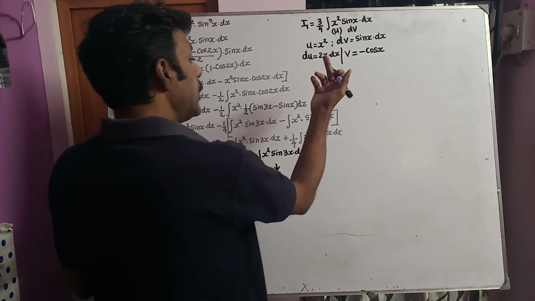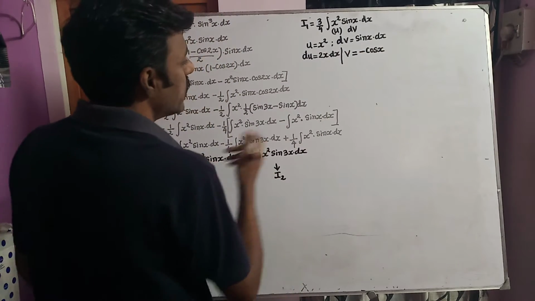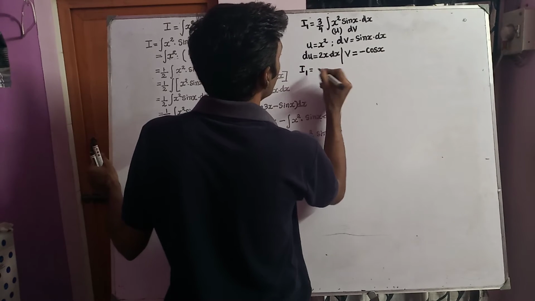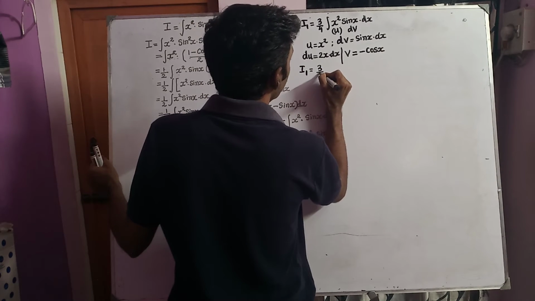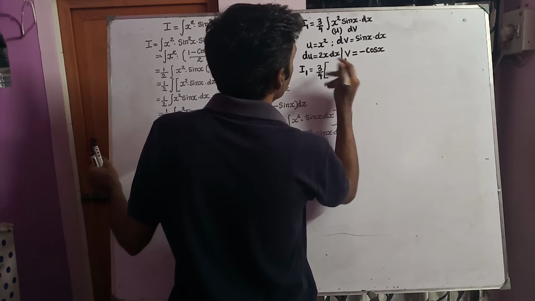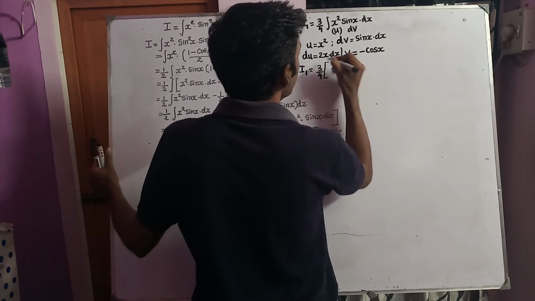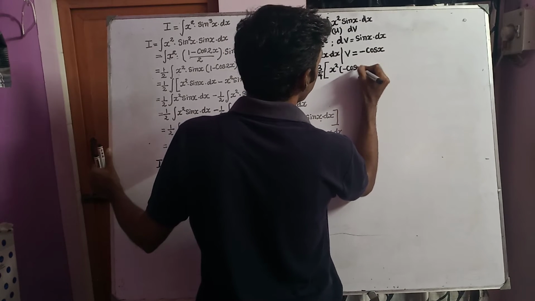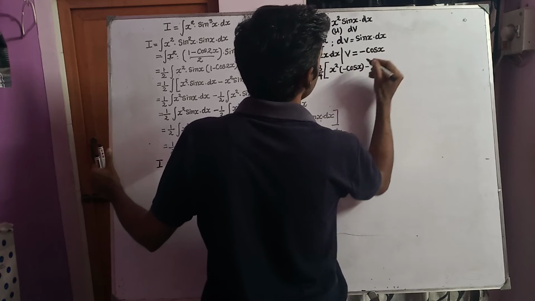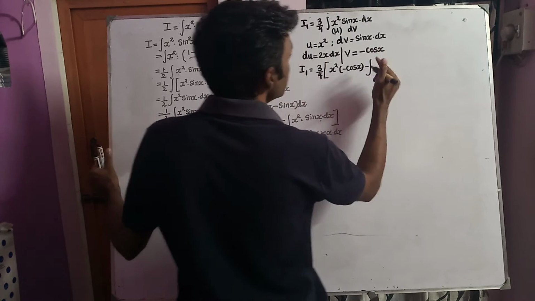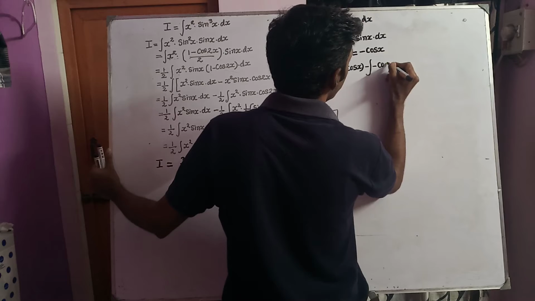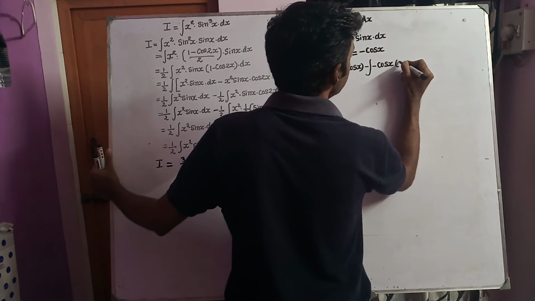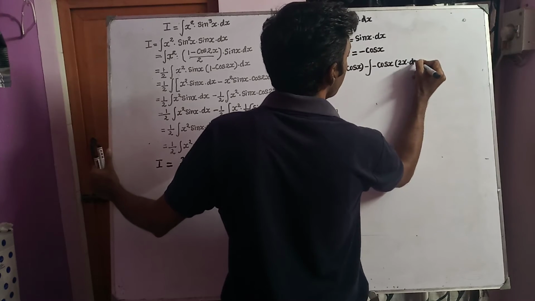So now I'm going to do integration by parts. I1 will be 3 divided by 4 into uv, that is x squared into minus cos x, minus integral of v into du, where v is minus cos x and du is 2x into dx.